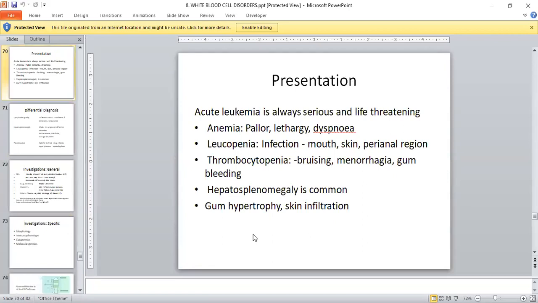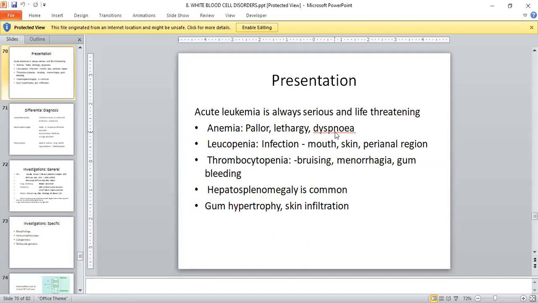The presentation for this one is always life threatening. We have anemia, leukopenia, thrombocytopenia, hepatosplenomegaly, gum hypertrophy, and also skin infiltration. The symptoms will coincide: for anemia, you'll have lethargy and dyspnea as your major symptoms because of the reduced oxygenation of the body.